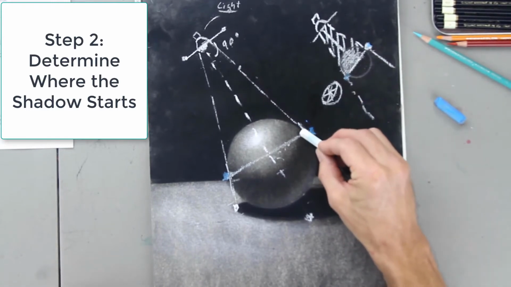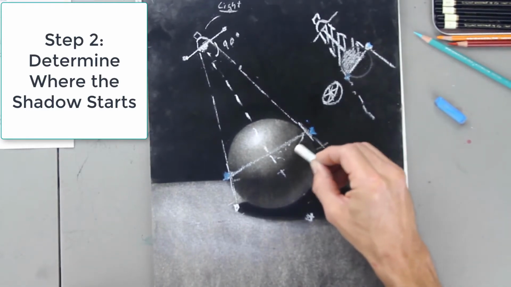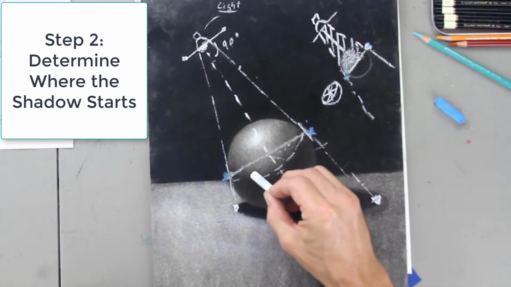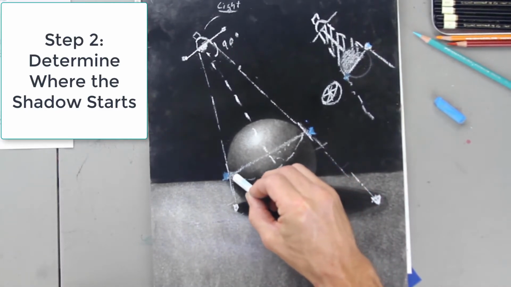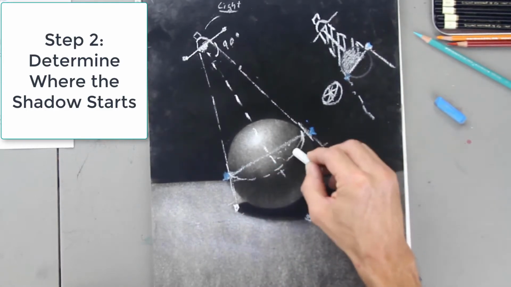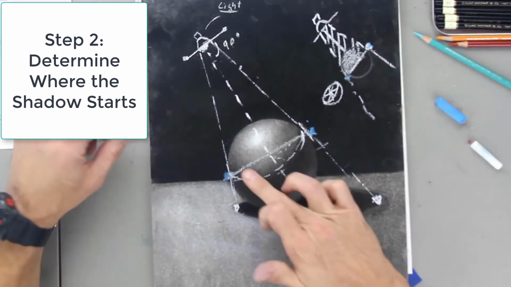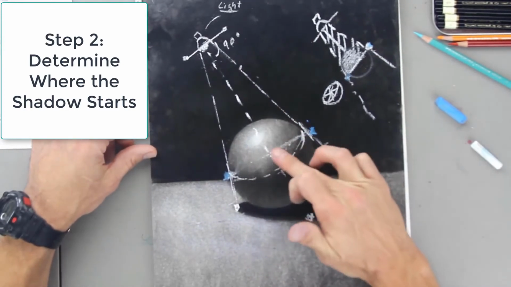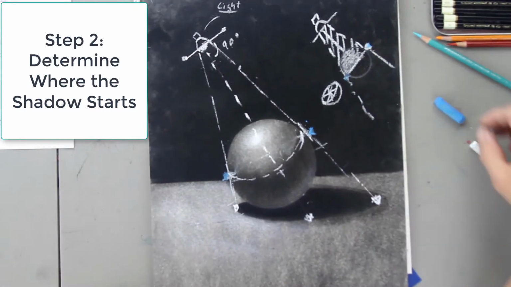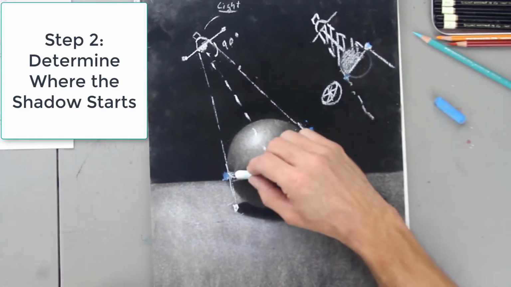So this sphere cuts this way. So this line that's tangent to the form actually starts to cut across and around the form, but it still starts and stops right there at that tangency. So we'll just erase this away. And we know that that shadow starts right here.